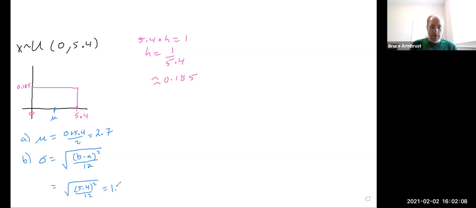I get 1.5588. We'll take it to 4 decimal places just for the heck of it. So basically all you need to do is figure out the length of your interval, square it, divide by 12, and then take the square root. That's the formula for it.